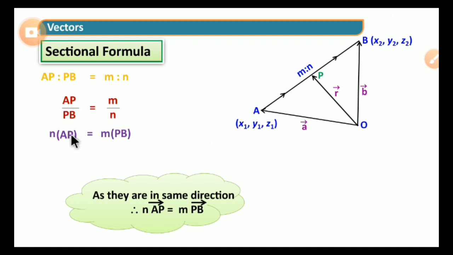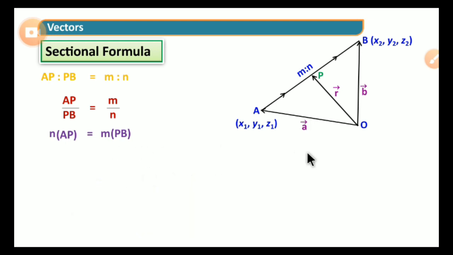So we can say n into AP is equal to m into PB. These are the same lengths. Therefore, n into AP vector is equal to m into PB vector, we can write.